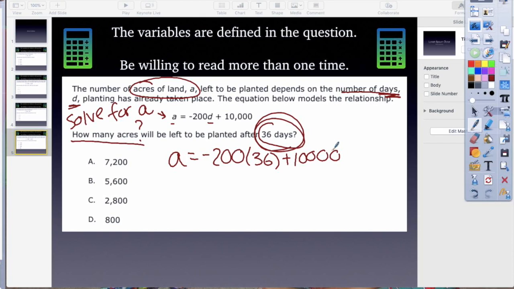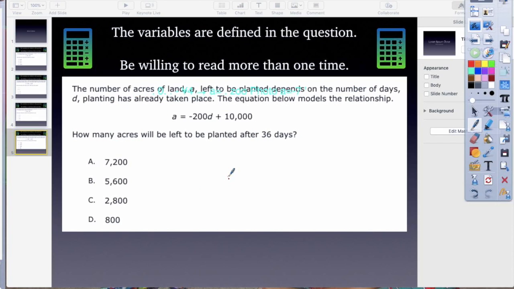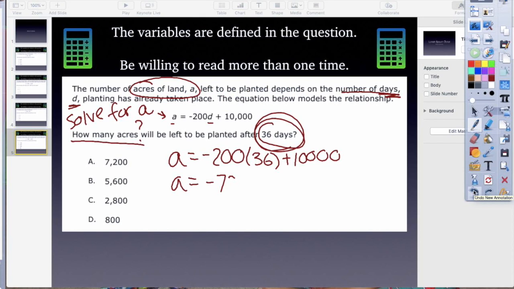And wow, it's not even a two-step equation. You're going to just do a little multiplication, a little subtraction, and you will know the answer for A here. Negative 200 times 36 is negative 7,200. And that disappeared. There it is. It's back. That was a little hiccup I had on my computer, but it's back. So negative 7,200 plus 10,000.